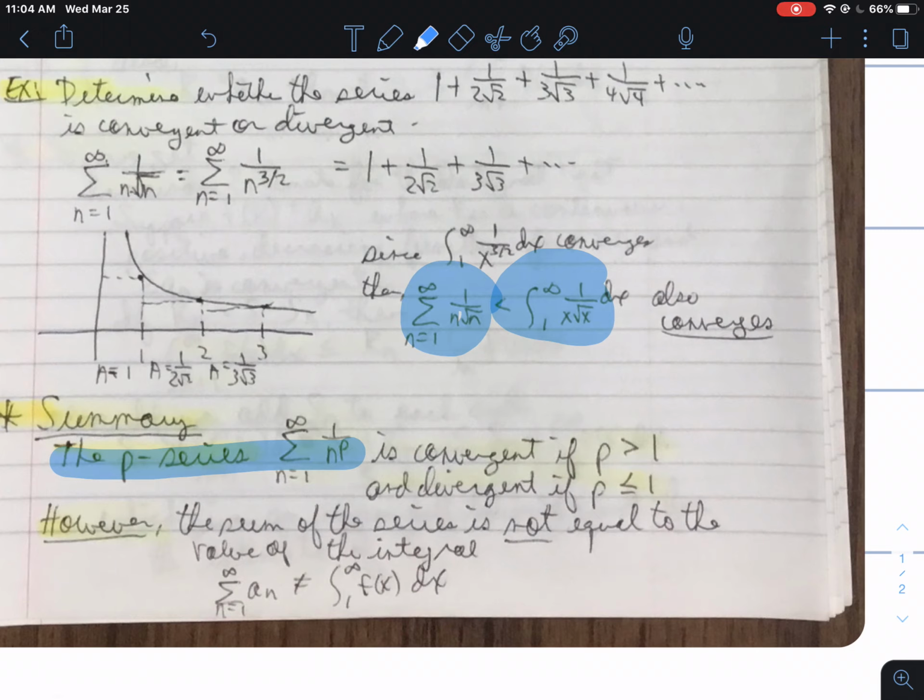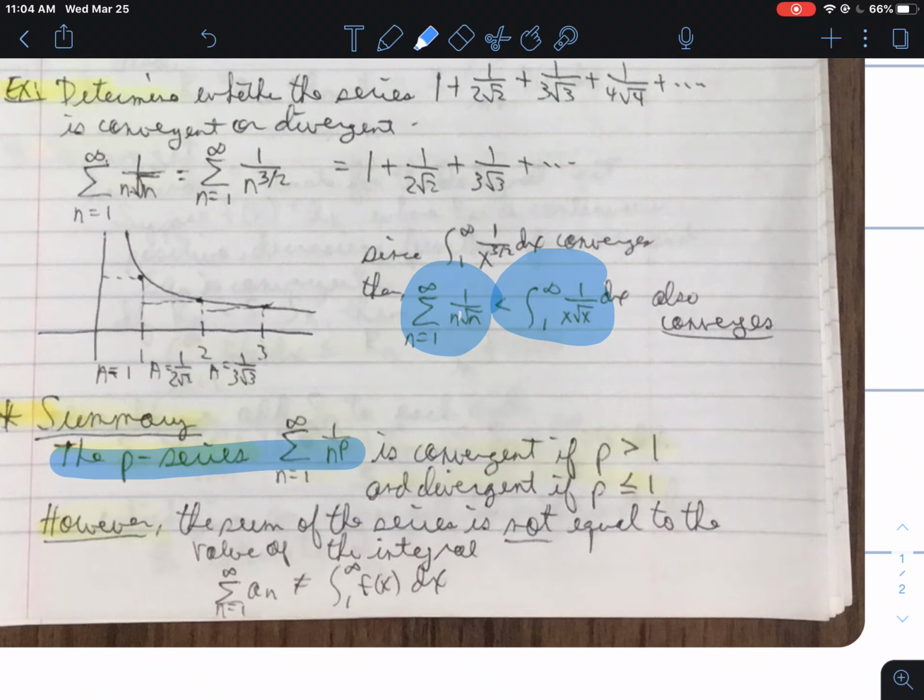Now, also keep in mind that the sum of the series is not equal to the value of the integral. I can evaluate the integral, and in the case of a convergent integral, I can give you the value of the integral, or at least approximate that. That is not the sum of your series, because we are still saying that the sum of the series is smaller than the area under that curve. That was all the little rectangles; the rectangles are the terms of the series.